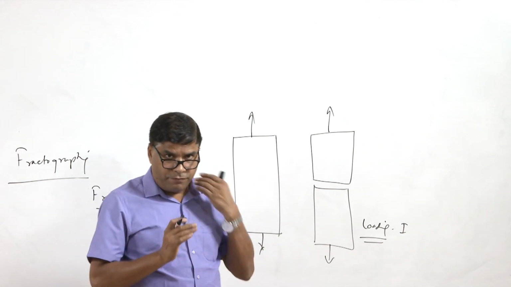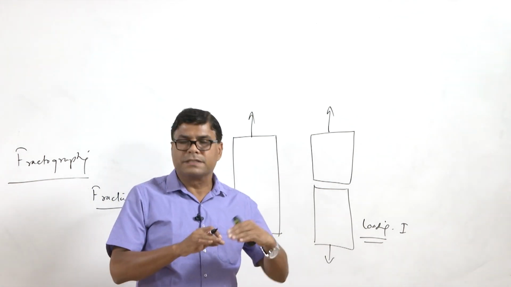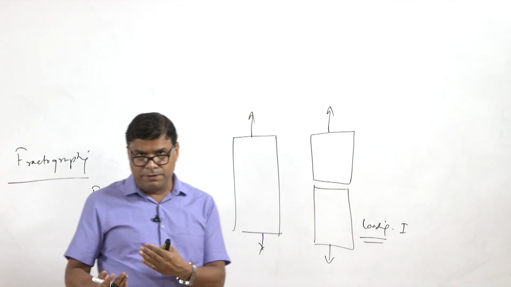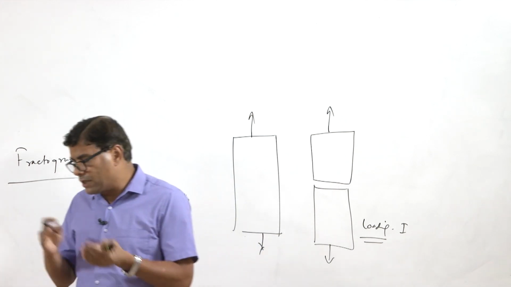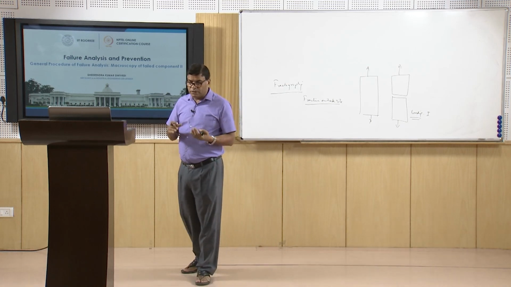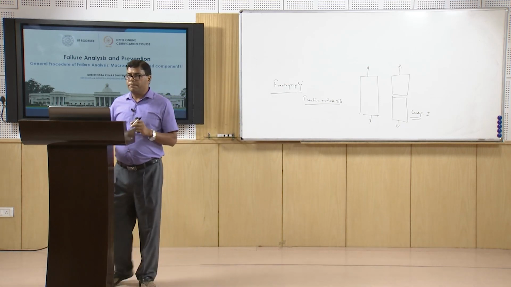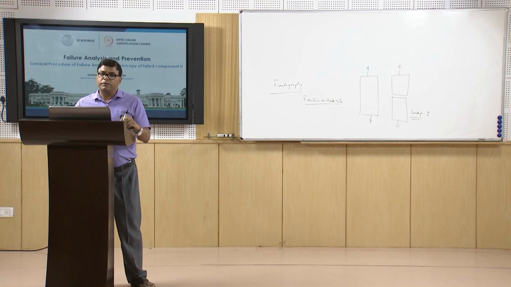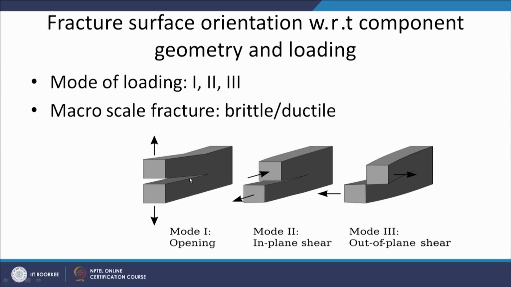The fracture surface helps to indicate, as a macroscopic feature which can easily be observed, which kind of loading was there, whether it was the tensile or the shear type. When the fracture surface grows perpendicular to the direction of the external loading, it indicates loading mode 1, the crack opening mode.